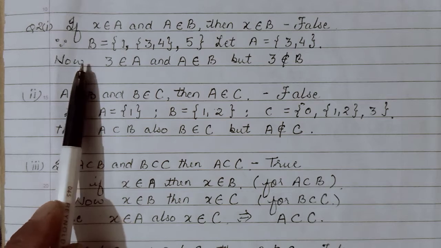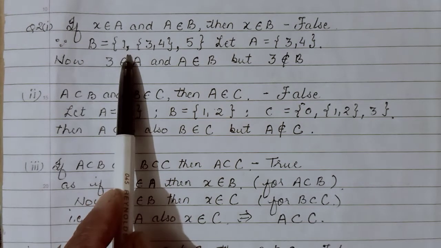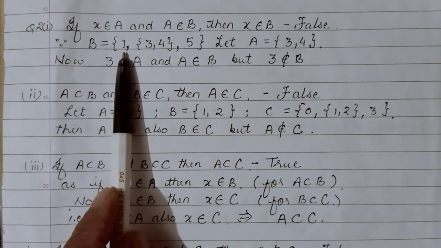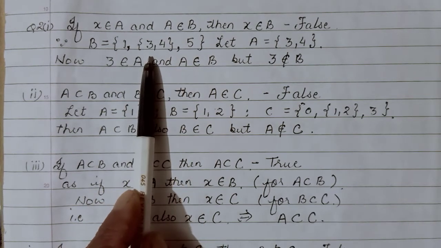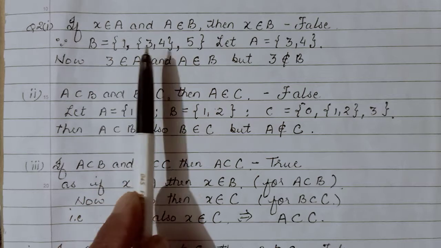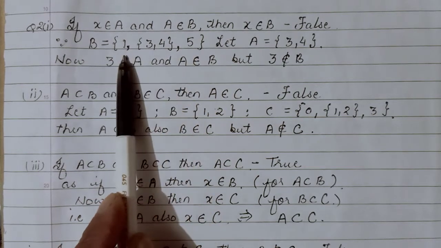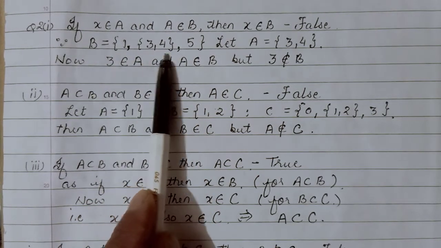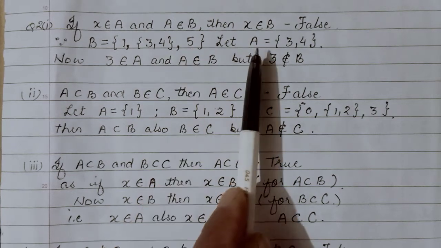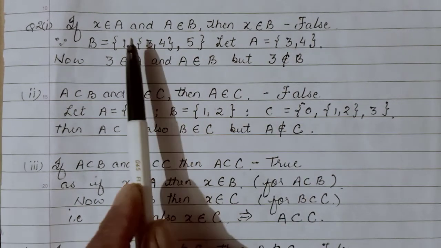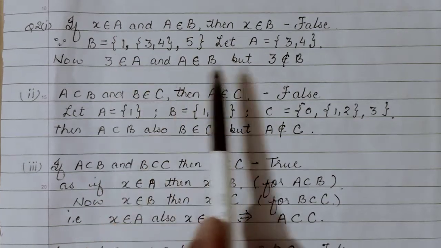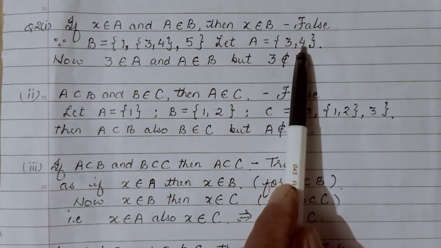See, we have defined a certain set B having elements. There are 3 elements I've written out here: 1, then this set A is also an element of this set, and 5. So there are 3 elements, 1, set A and 5. Now this one we are calling set A. So X is an element of A. Here there are 2 elements, 3 and 4.